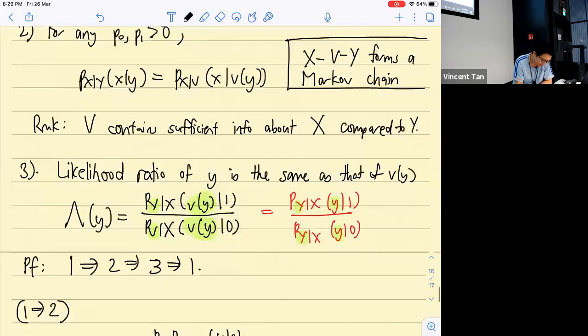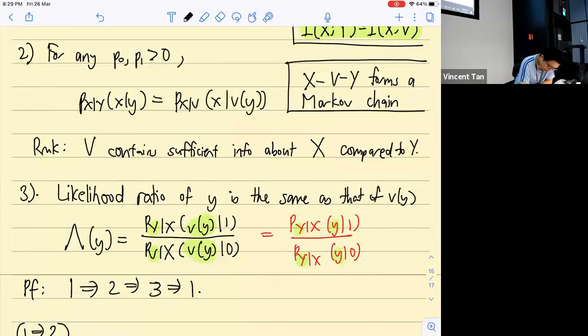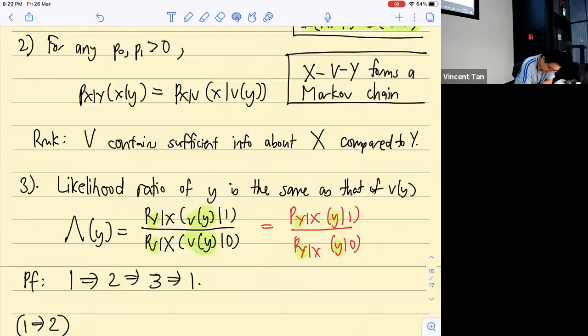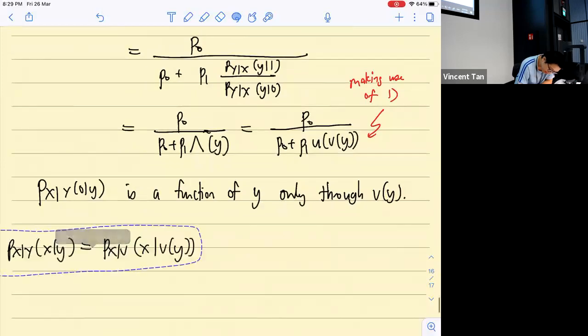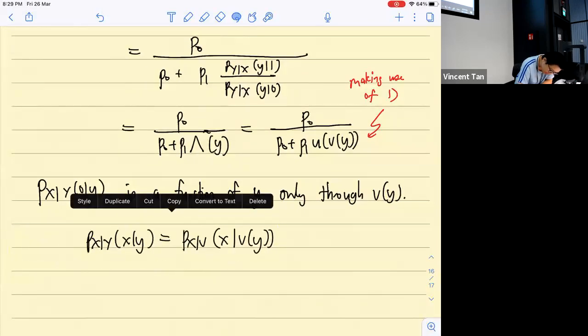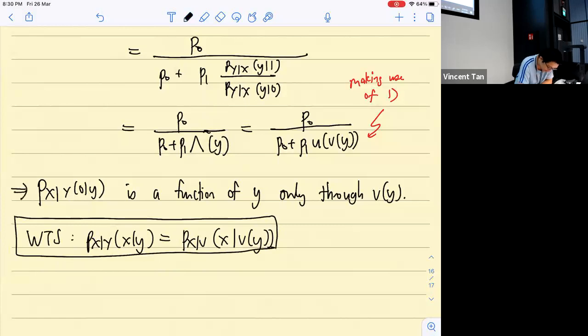It's a function of y only through v(y). Let's see what we have to prove. Basically, what we have shown is in fact this as well. What we wanted to show is this, and what we have shown is this above thing.